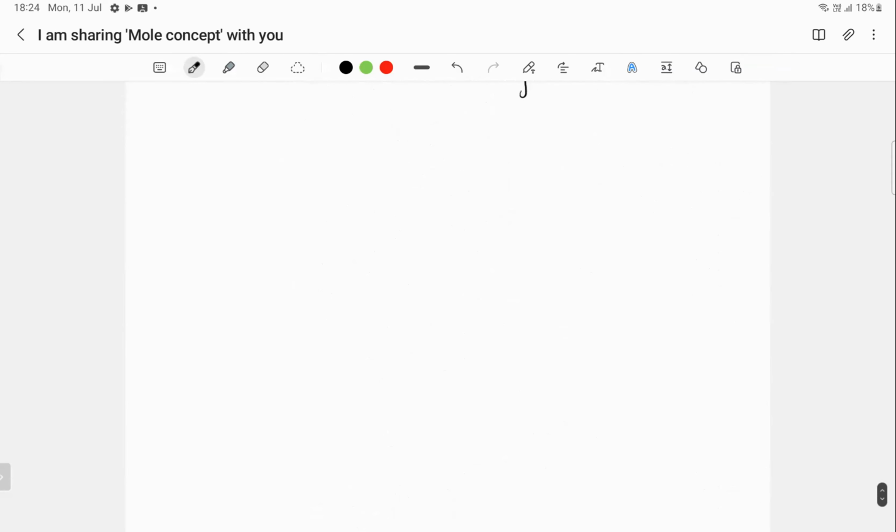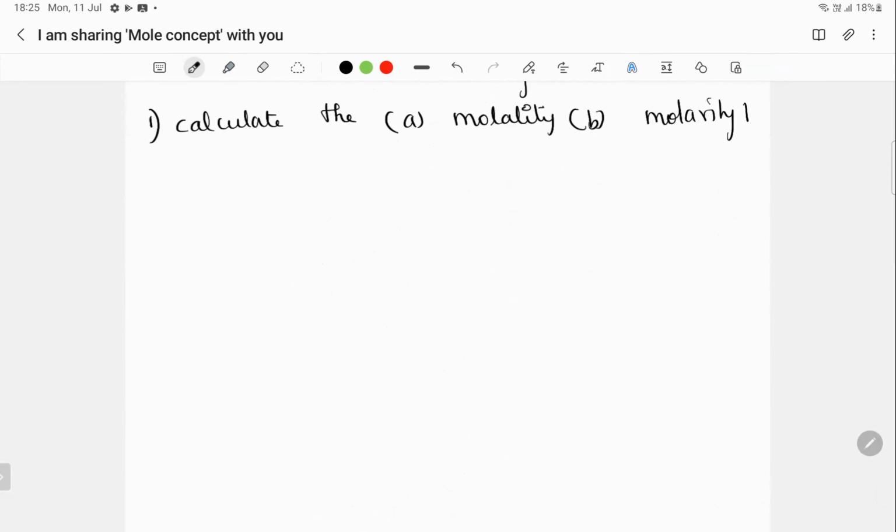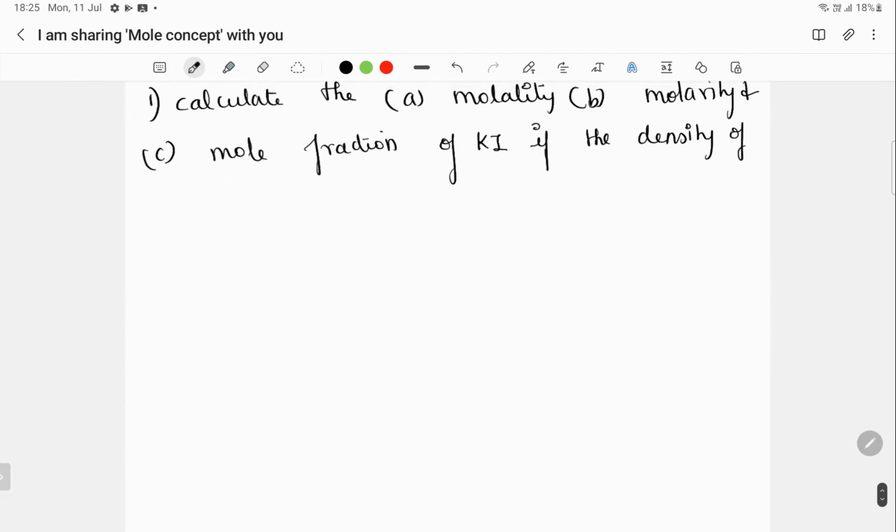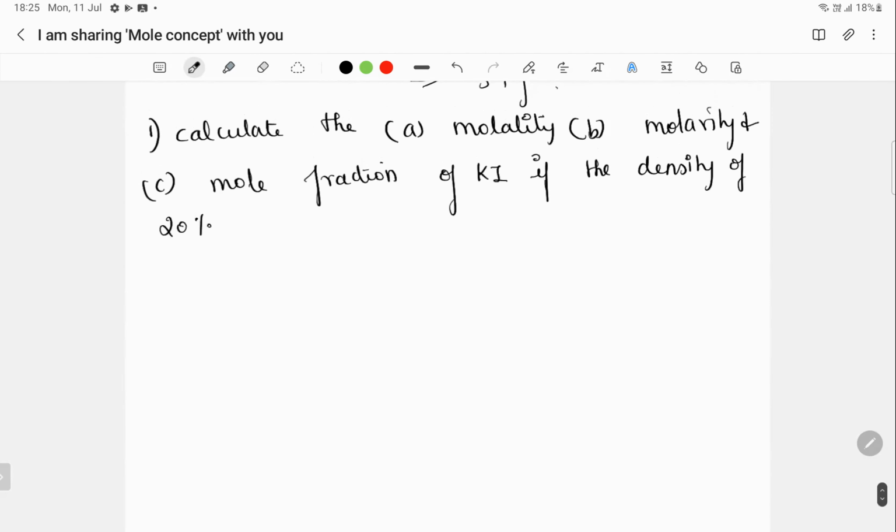So tomorrow, show your presence. It's easy for us to calculate in the live class. Online, you need to calculate: first, A, the molality; B, the molarity; and C, the mole fraction of potassium iodide, if the density of 20% aqueous potassium iodide is 1.202 gram per milliliter.